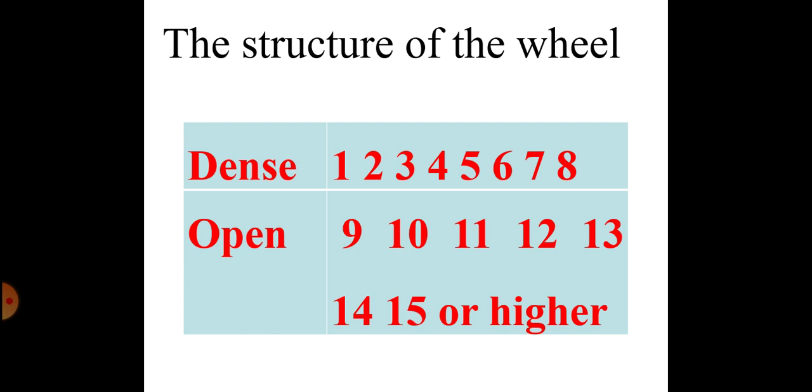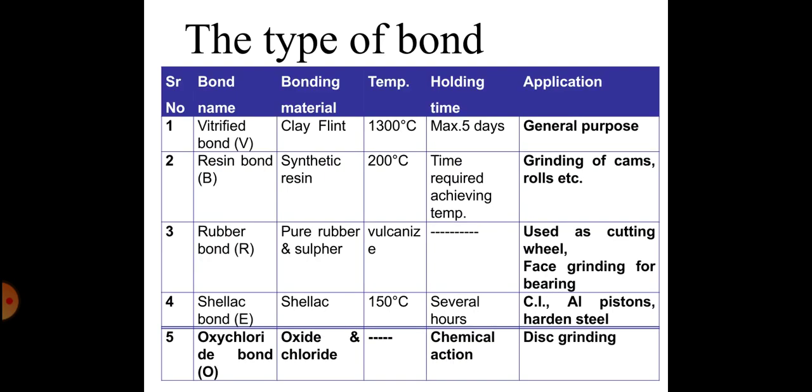On the other hand, dense structure wheels are used for longer life and for finishing purposes. The open and dense structure numbers are shown in the table. The table of the types of bonds is given.